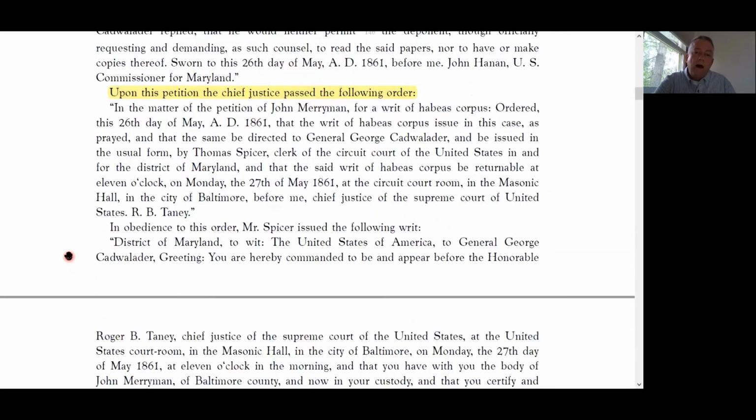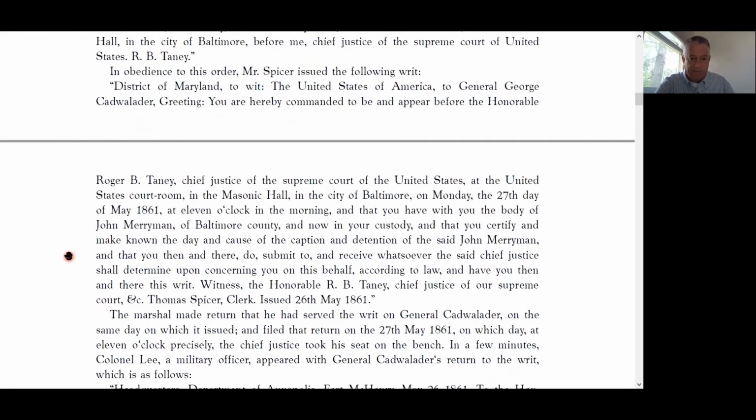And so what Taney is doing is he's, in a sense, granting the writ. He's ordering the U.S. Army to bring Merryman into his courtroom so that he can force the U.S. government to justify Merryman's detention, and he can determine the lawfulness of it.